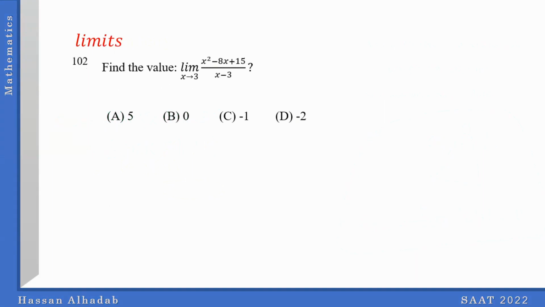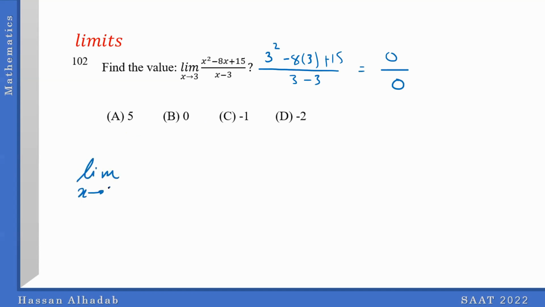To find the limit for this one, I have to plug in the number first. So if I plug in 3, this is going to be 3 squared minus 8 times 3 plus 15 over 3 minus 3. This is going to be 0/0, isn't it? Now I have to factor. So what's the factorization?